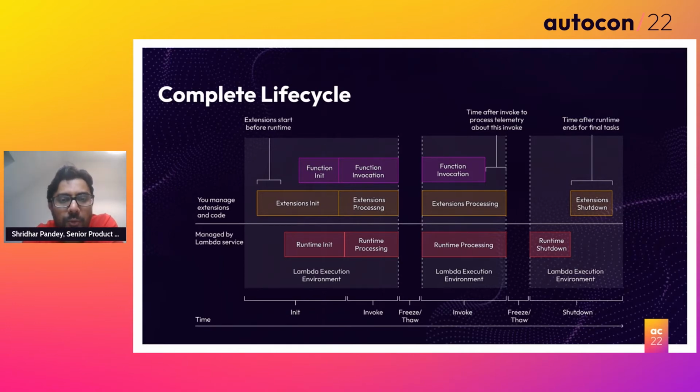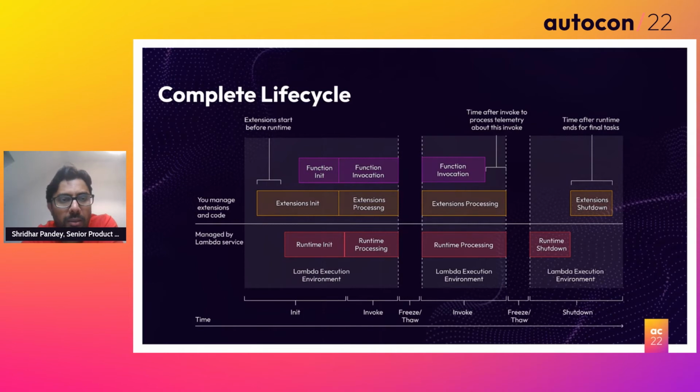And moving on to the third block on the right, with extension, we also made the shutdown phase visible and available to the extension. So what does this mean? When the execution environment is being spun down, there are certain processes that the runtime runs to complete the shutdown.